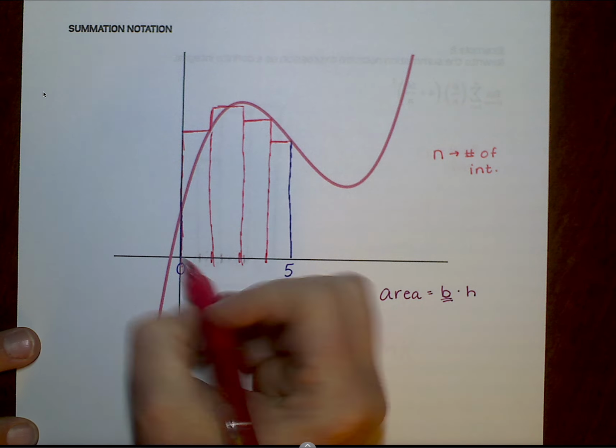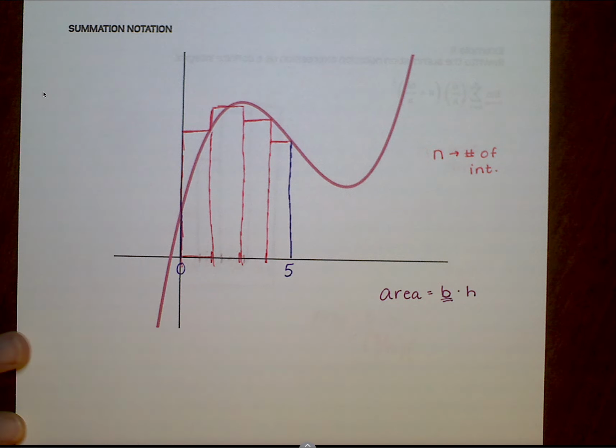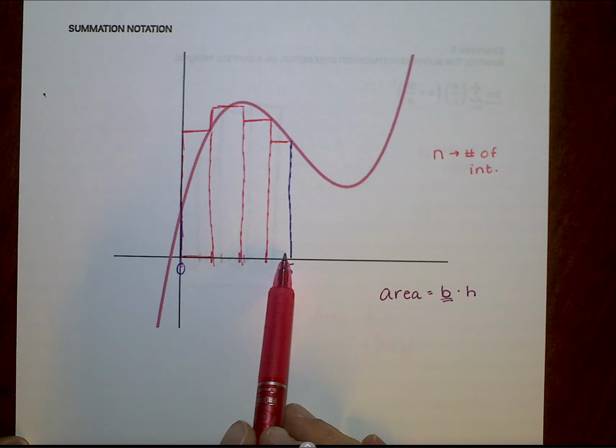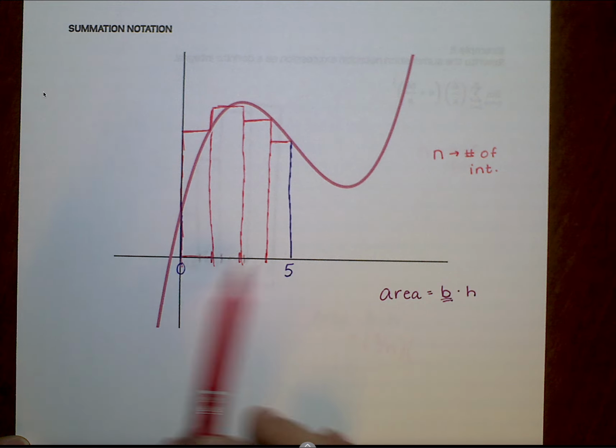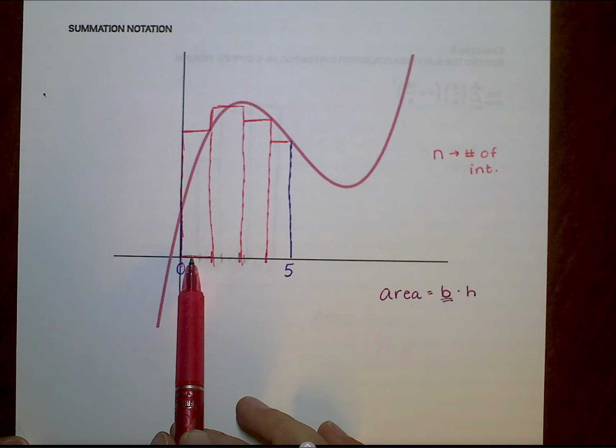We need to figure out how long this length right here is. For the sake of the notation, we're assuming that we're working with equal intervals. So if this goes from 0 to 5 and I had 4 subintervals, I could very literally find this length by doing 5 divided by 4, and I would find that each of these is 1.25.